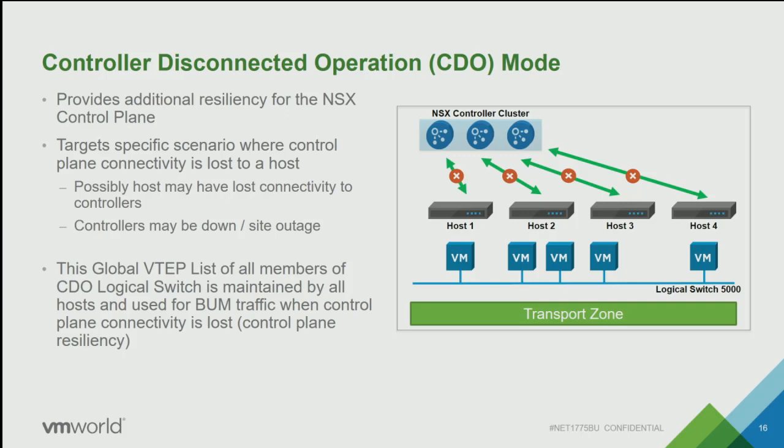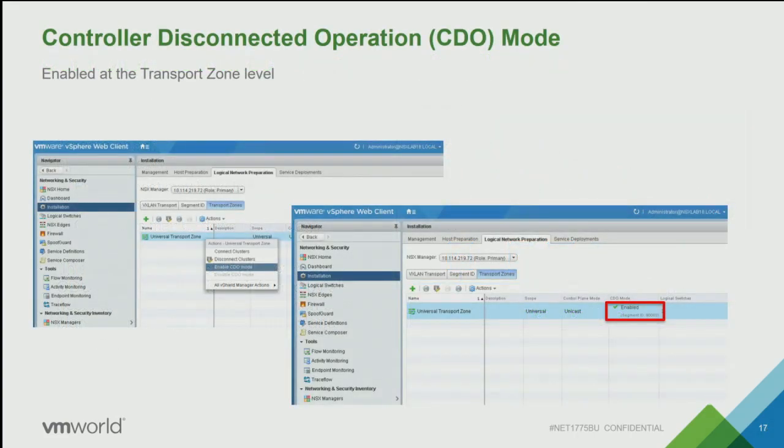That's a definition of a certain type of traffic that has to be propagated in order to get ARP requests answered, in order to pass frames to some place that is unknown. So if we lose connectivity, that's a bad thing. What we can do, and this is enabled at the transport zone level, okay? Most organizations that I've worked with have a single transport zone, okay? Unless they've gone cross vCenter.